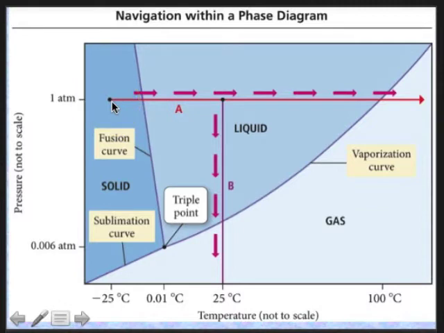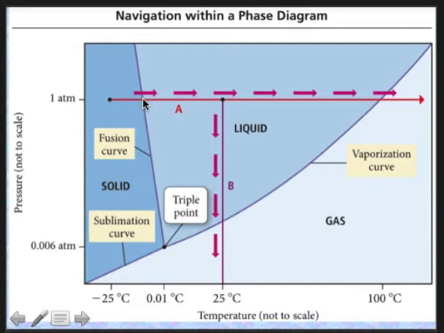And let's show you how you use a phase diagram. Here we're starting with ice at minus 25 degrees C. And we warm it up and warm it up, approaching the boundary between solid and liquid. When we get to the boundary line, the temperature stops changing as the phase transition progresses.